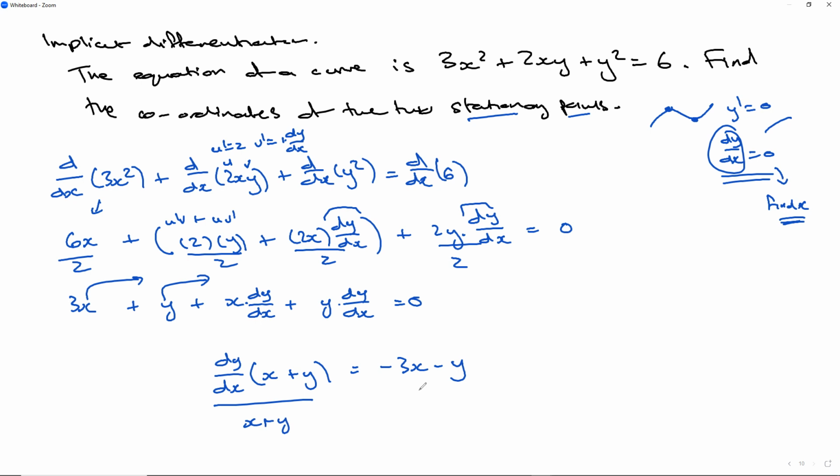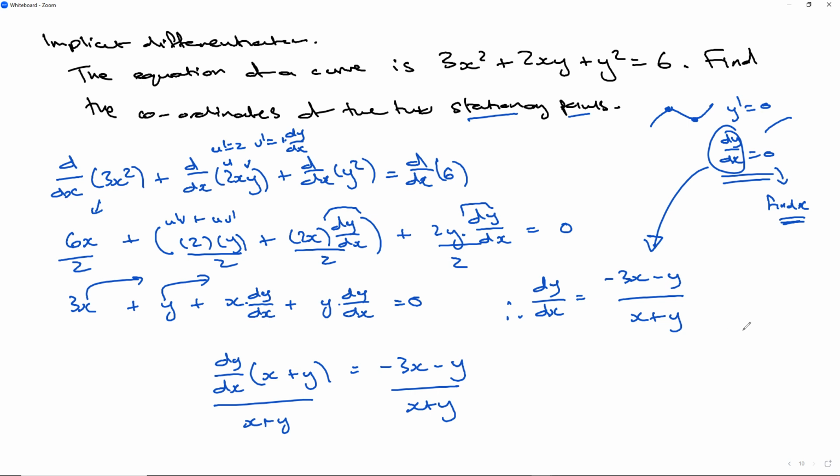And then divide both sides by x plus y. And so therefore dy dx will be equal to negative 3x minus y over x plus y. And so now I have my dy dx.